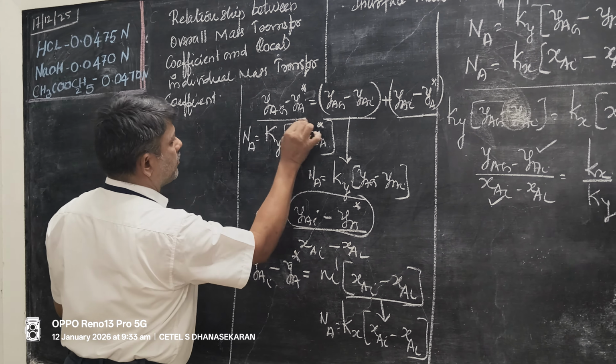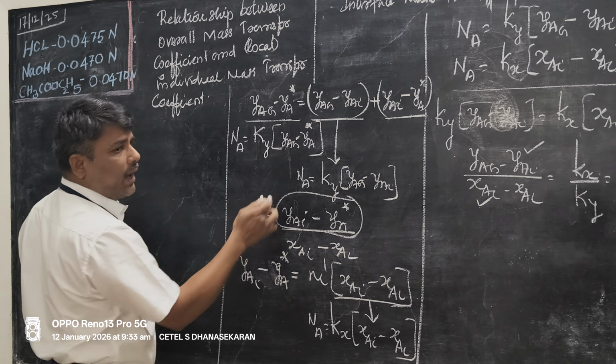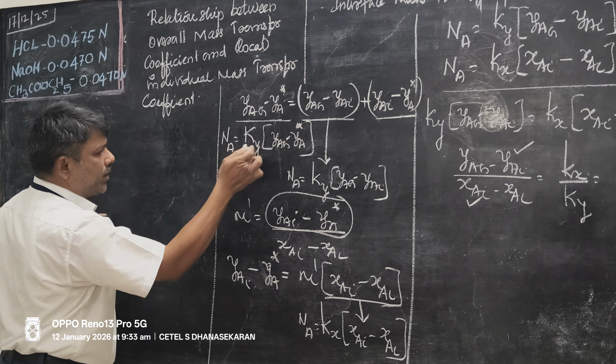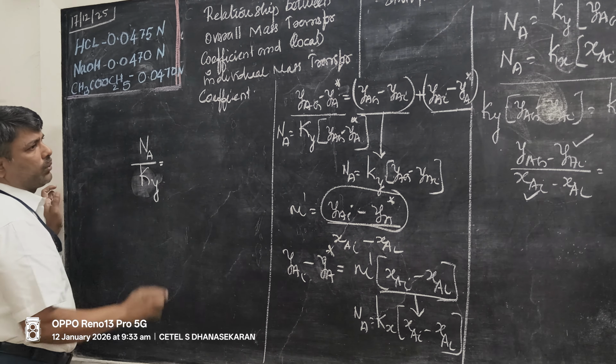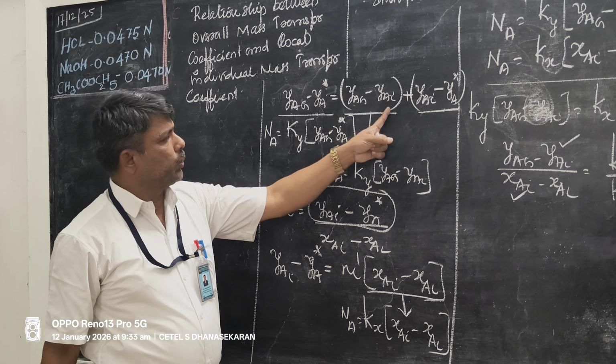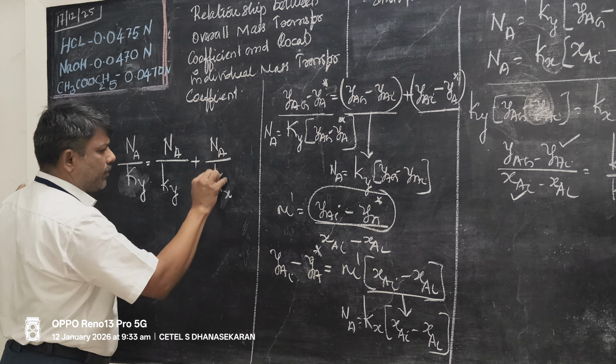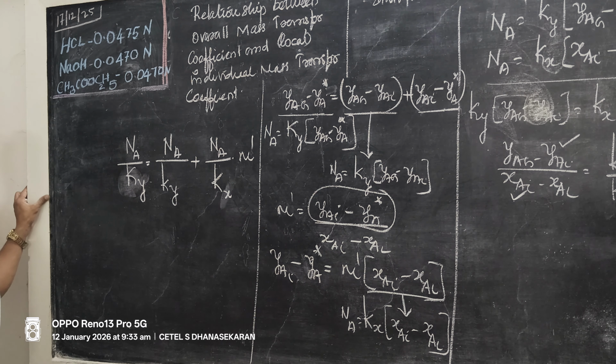Clear? For yAG minus yA star, I can write NA divided by capital K suffix y. Instead of yAG minus yAI, I can write NA divided by small k suffix y, plus, instead of yAI minus yA star, I can write NA divided by small k suffix x with the operating line slope m prime.